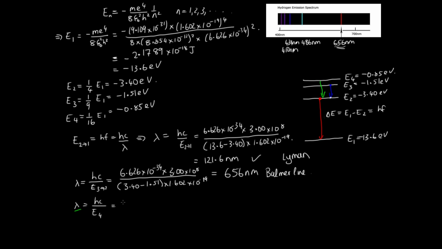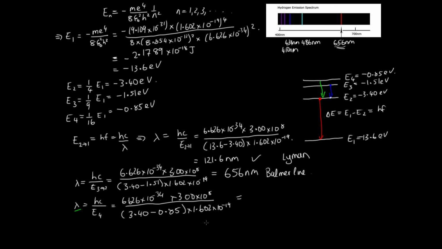So once again, 6.626 times 10 to the minus 34 times 3 times 10 to the 8, and divide by the energy difference. We're going to the E equals 2 still, so it's still 3.40, but in this case it's from the 0.85 level, so times 1.602 times 10 to the minus 19.